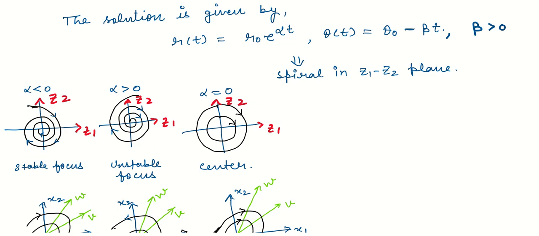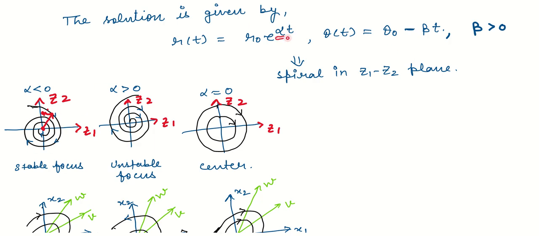What is R? R is basically the distance of each and every point on this trajectory with respect to the origin. So this R is decreasing, and the theta angle is decreasing in the negative direction because t will keep increasing. So theta(t) will be decreasing. So this kind of picture will come.